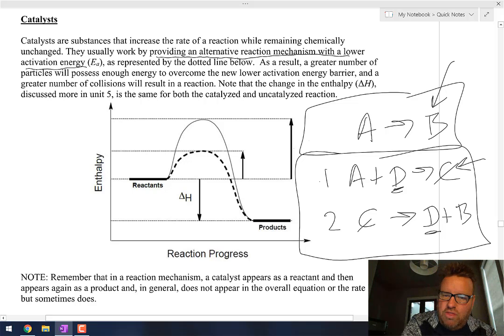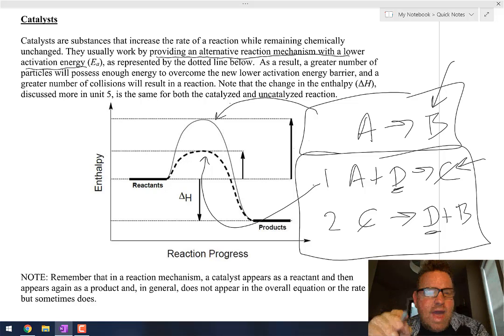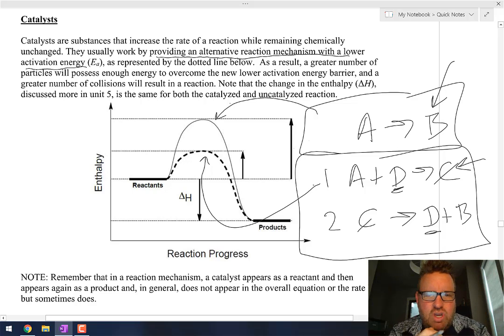This reaction here would be represented by the dotted line, where this reaction here would be represented by the complete line there. So a catalyst provides a different reaction mechanism where the slow step has a lower activation energy.